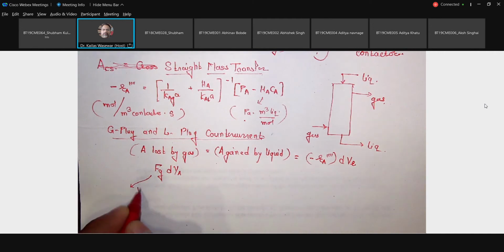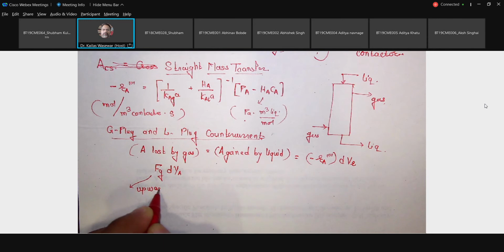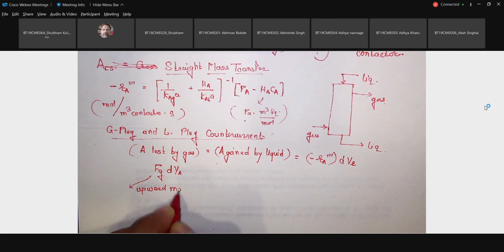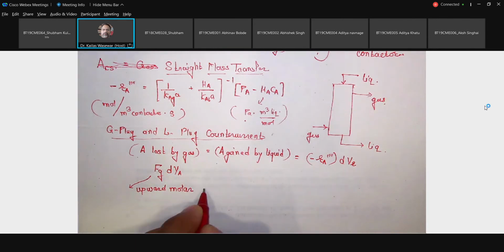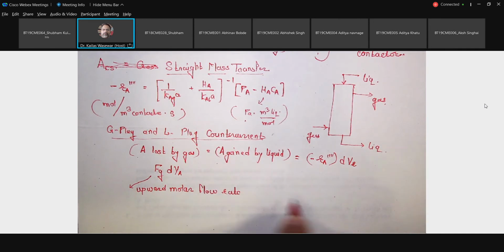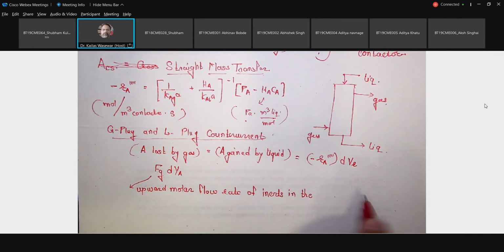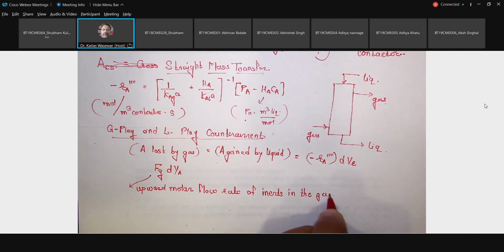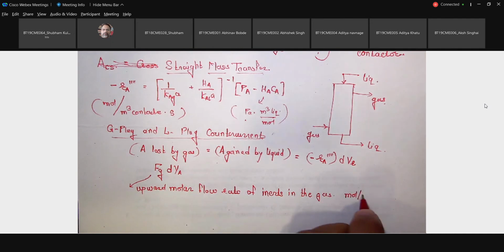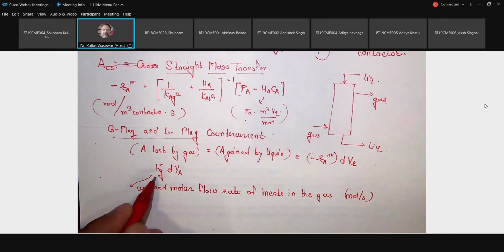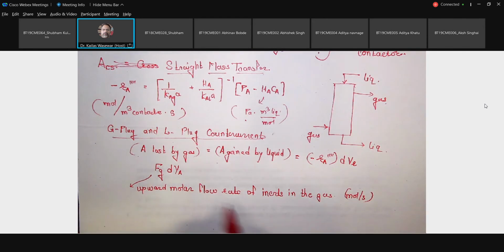It is the upward molar flow rate of inerts in the gas, remember, which is not soluble in the liquid. So Fg representing upward molar flow rate of inerts in the gas.